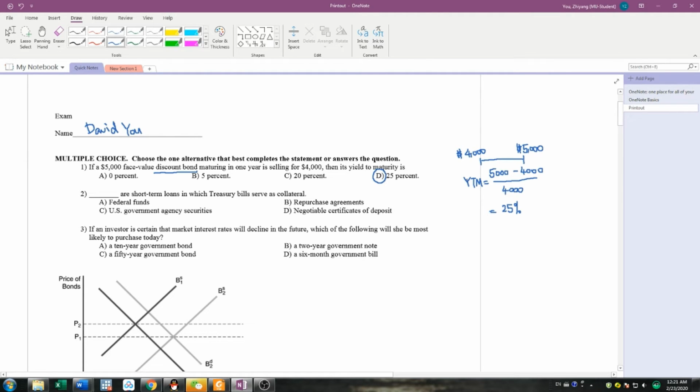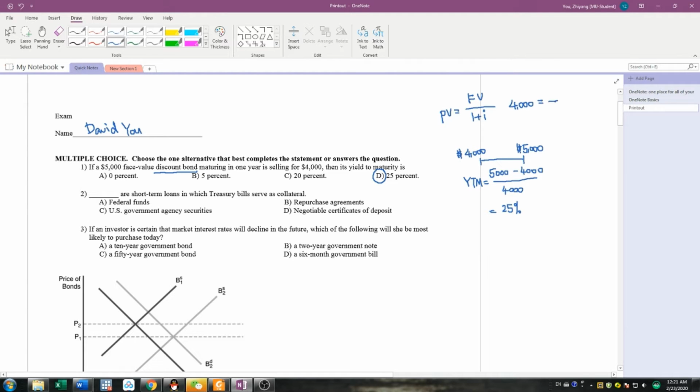Okay, if you're not quite familiar with this formula, I will just go ahead and use a really basic formula where present value equals to future value divided by 1 plus i. So since this goes for only 1 year, it's to the power of 1. So by plugging everything, the present value is 4,000.